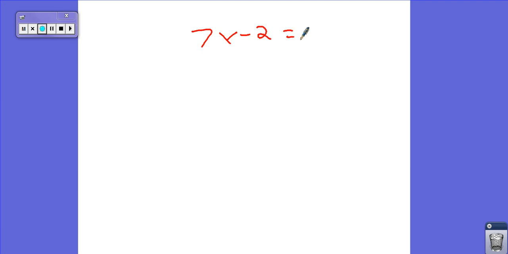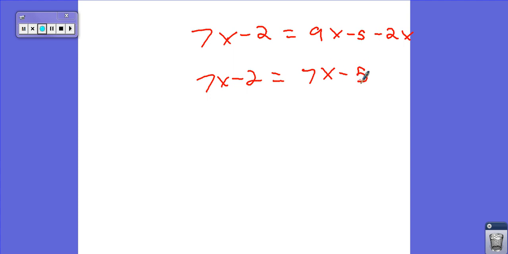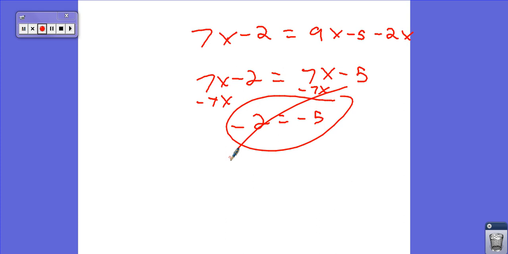There's also weird equations where there's never an answer. Here's another one. 7x minus 2 equals 9x minus 5 minus 2x. Okay, so 7x minus 2 equals, combining like terms, 7x minus 5. I subtract 7x on both sides. Negative 2 equals negative 5. Can't happen.